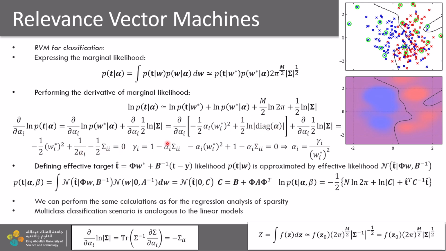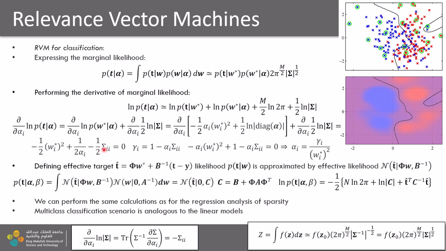And then finally we will have the derivative of the ln of the covariance matrix here, which turns out to be minus the ith element of the covariance matrix.